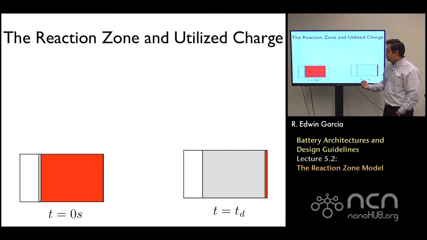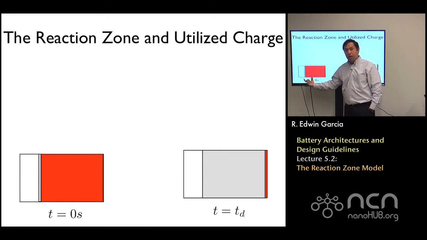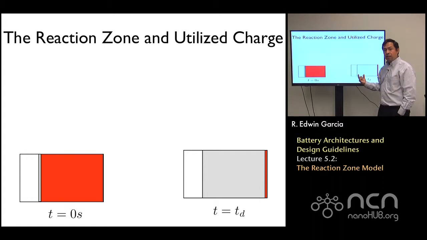How does this work? Physically, what's going on, you can think of it as the total volume that we have, okay, corresponds to the thickness that has been utilized, times the charge, modulated by the porosity.